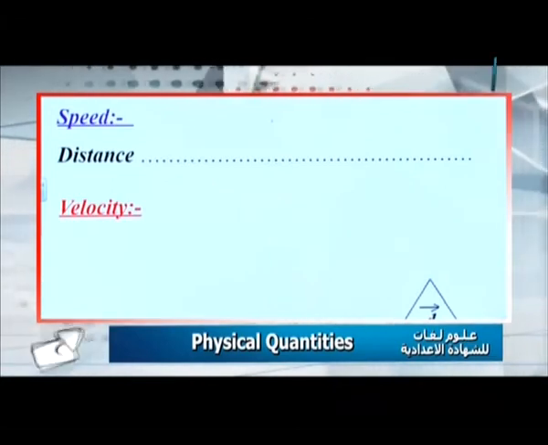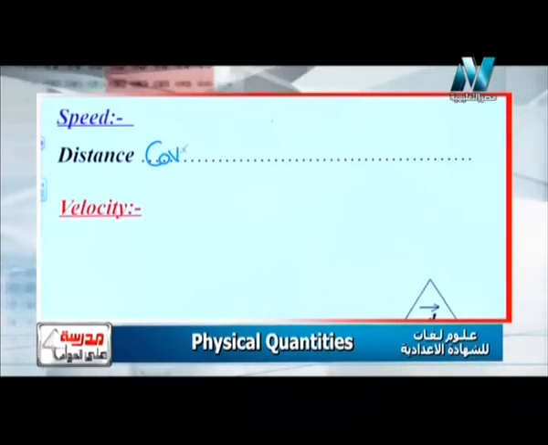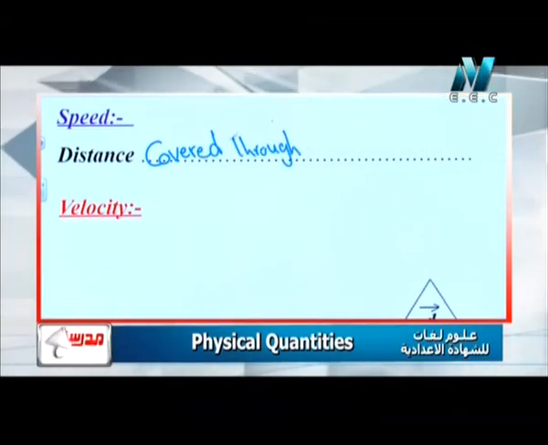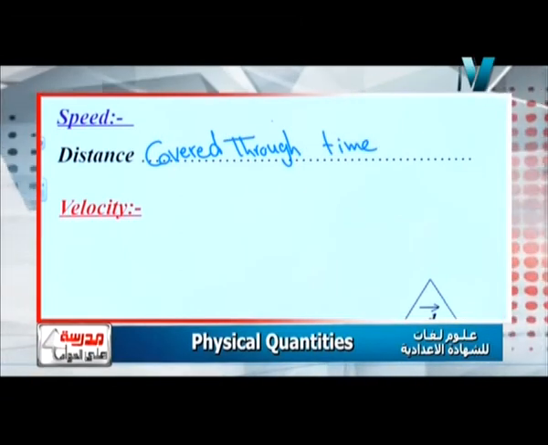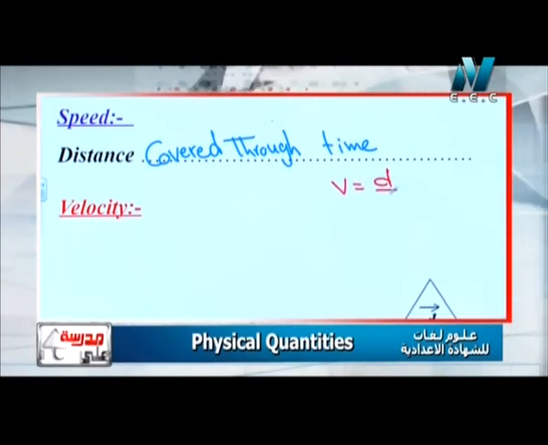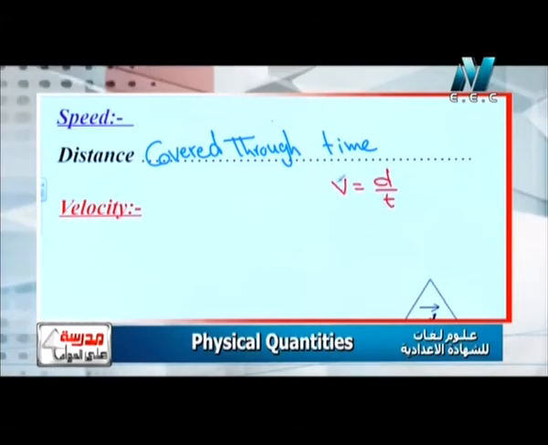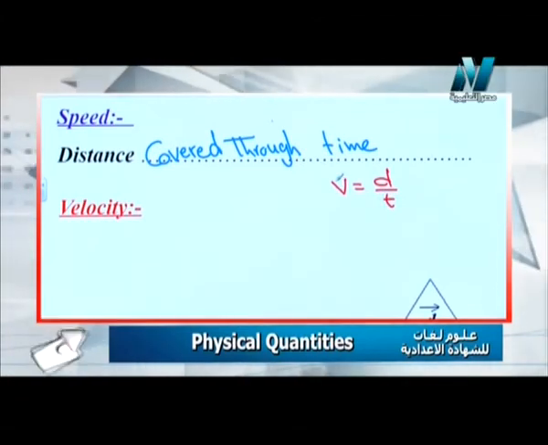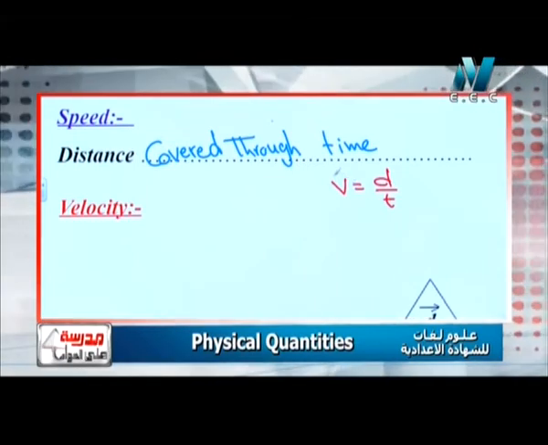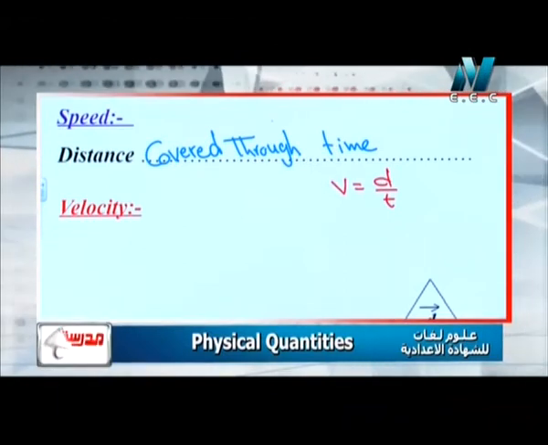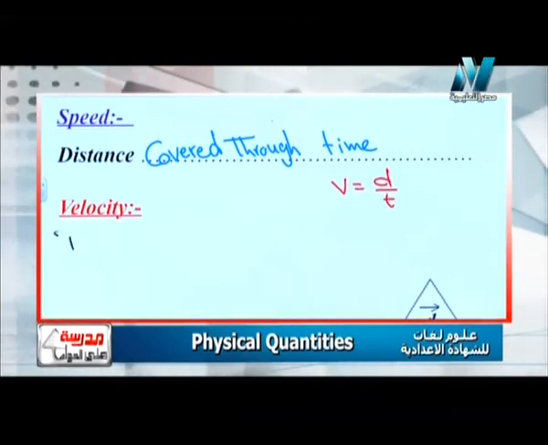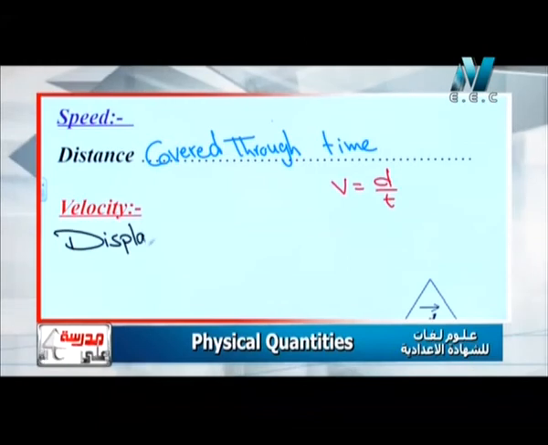As we studied before, speed is distance covered through time units, and we have speed as V equals D over T. Some students may be confused here: V without an arrow is called speed, but at the same time we have velocity. What is meant by velocity? Velocity is displacement covered.